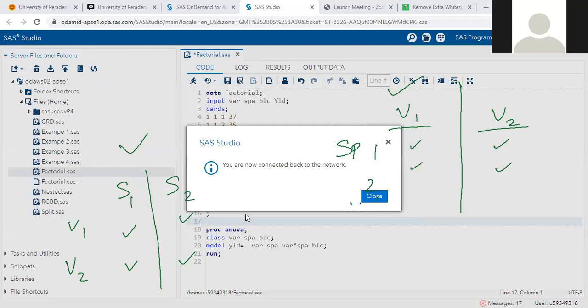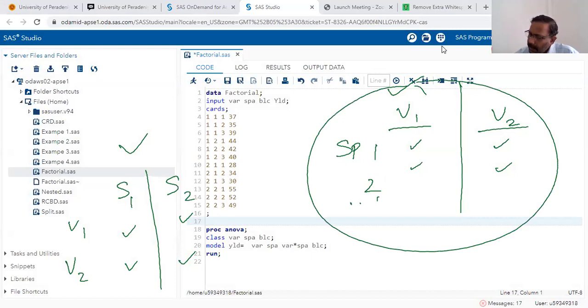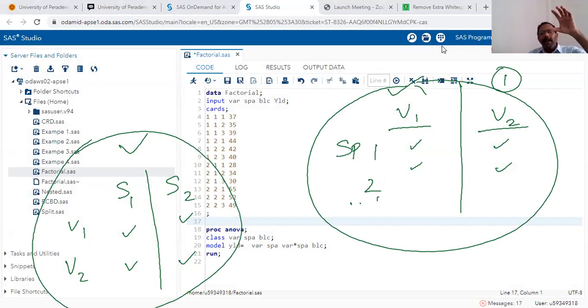Yes, sir. So what I said is, you see here, there are possibilities in mean separation. One way is we can do it this way, the other way is this way. So the first way is, I am keeping the variety constant and explaining the spacing. For example, for variety 1, which spacing is good?